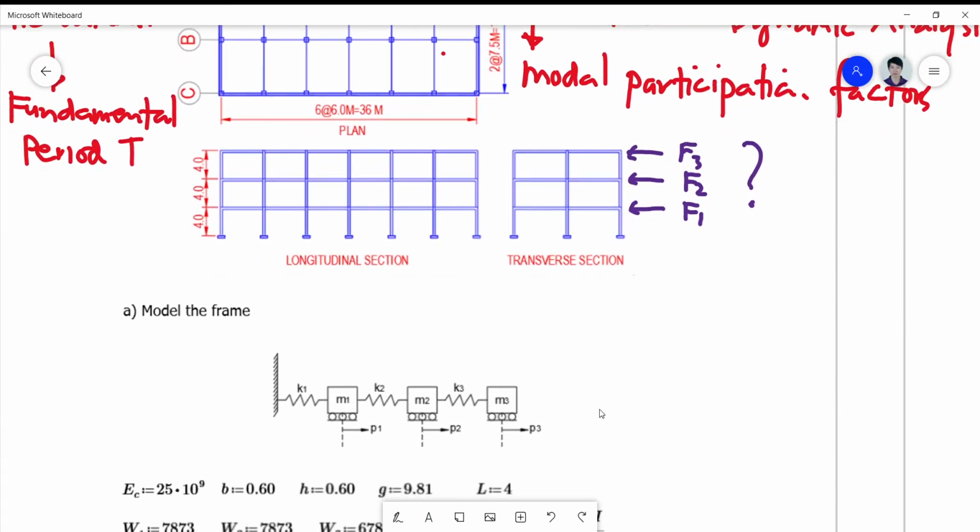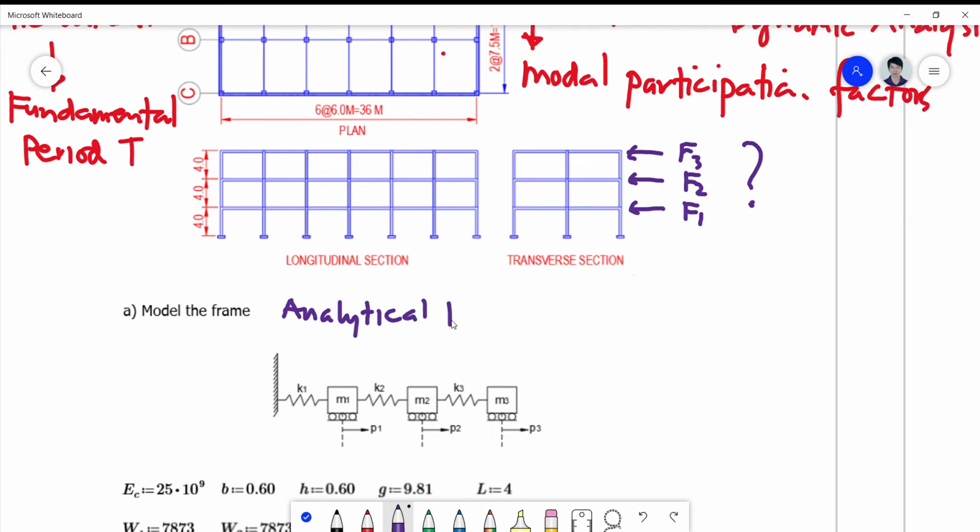So we now have here an analytical or mathematical model in the form of a spring mass system. Okay, so what are these three forces here that will represent a dynamic force rather than a static force? Okay, in terms of modal participation factors.